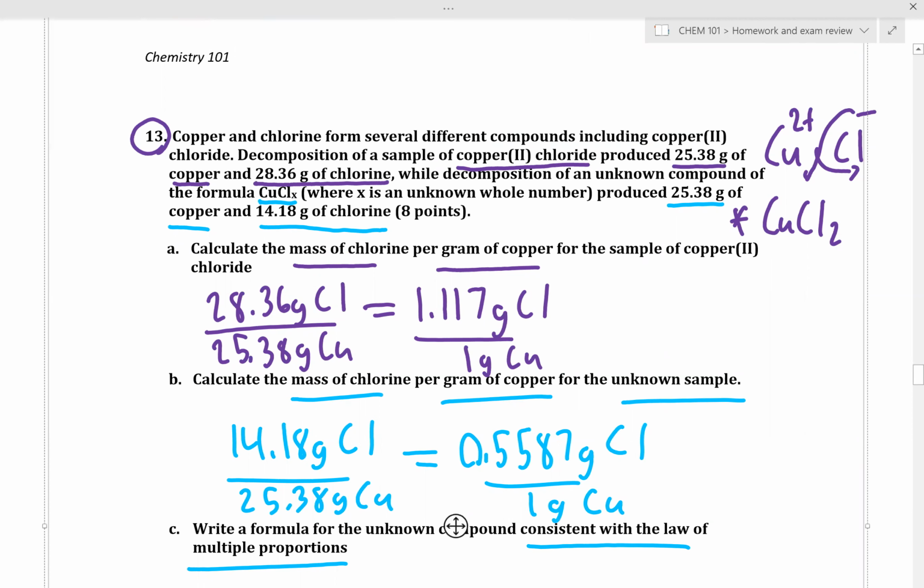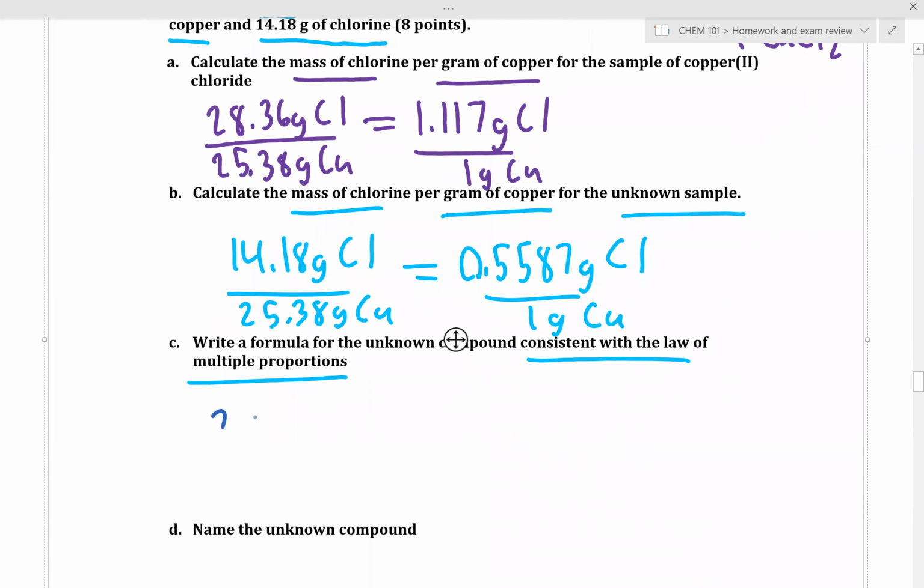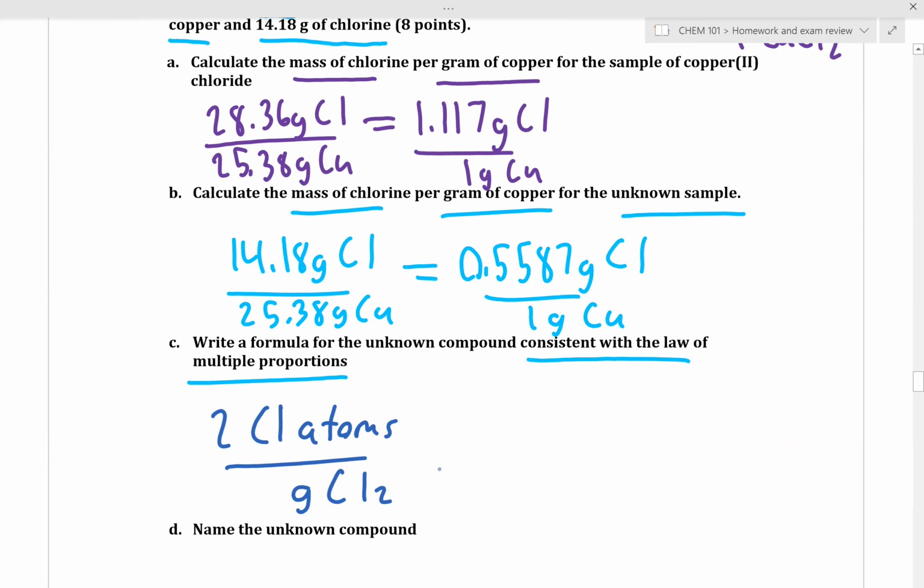Well, how many do we see in this one? 2. Okay, perfect. So let's write that down. So we have 2 chlorine atoms, and that correlates to how many grams of chlorine reacted. How many grams of chlorine do we have in our copper 2 chloride sample? Yep, so we plug in 28.36.